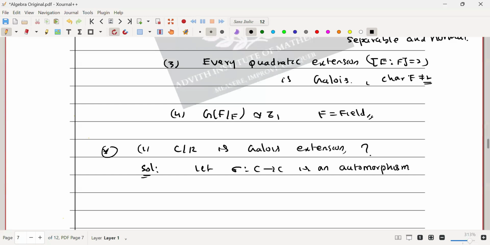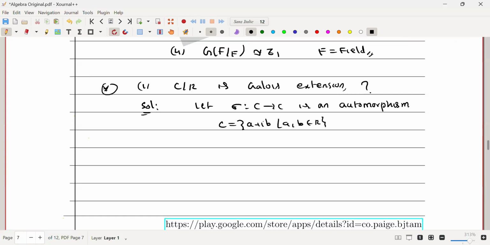C is equal to the set of all elements of the form A plus IB such that A, B belong to R. Since sigma is an automorphism, sigma of x plus y is equal to sigma of x plus sigma of y.